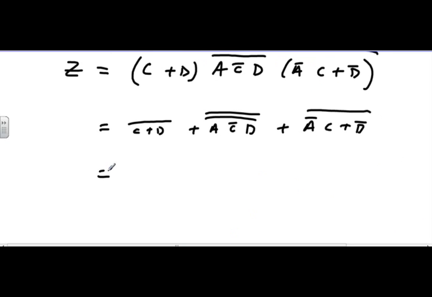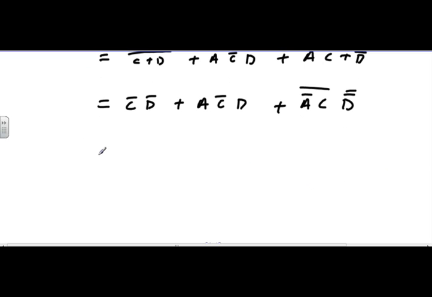And I'm going to say C naught D naught, or A C naught D, because the two knots cancel, or A naught C knotted D double knotted.